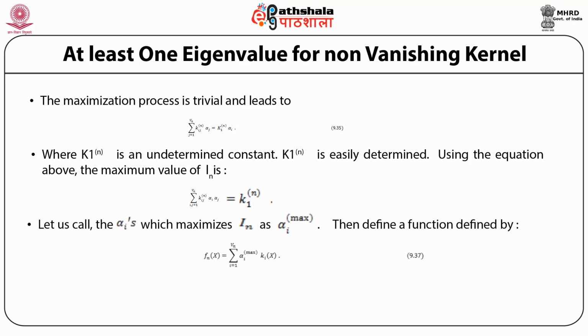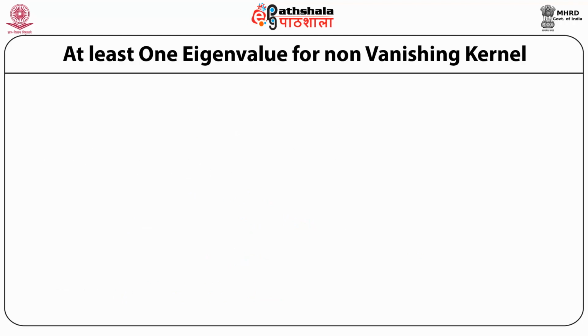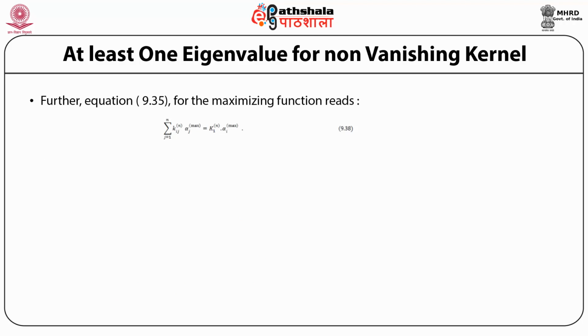Let us call the α_i's which maximize I_n as α_i max, then define a function f_n(x) equal to the sum over i of α_i maximum into K_i(x). They satisfy the integral from a to b dx of f_n(x) K(x) minus α_i maximum. We have the equation 9.35, which reads the sum over j from 1 to V_n of K_ijn α_j is equal to k_1n times α_i.